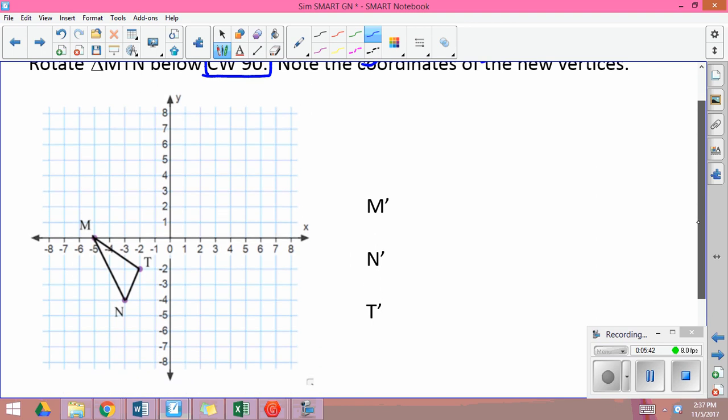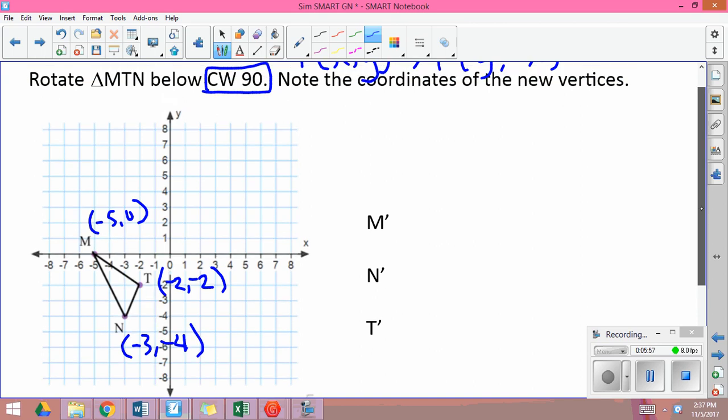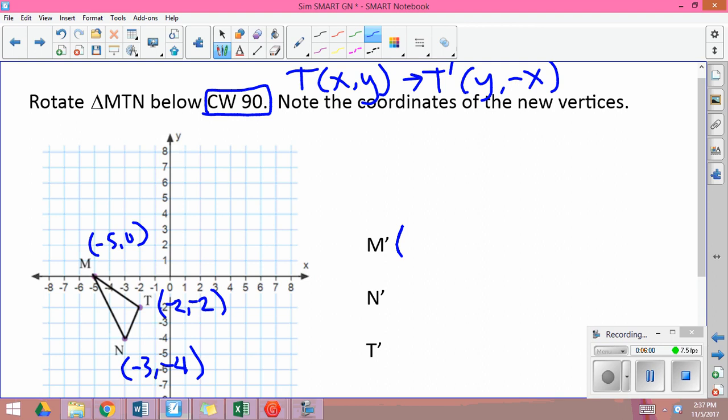So M is at -5, 0, T is at -2, -2, N is at -3, -4. So M prime, switch the order, so my 0 will come first, opposite sign makes it 5. N, switch the order, opposite sign. T, switch the order, opposite sign.